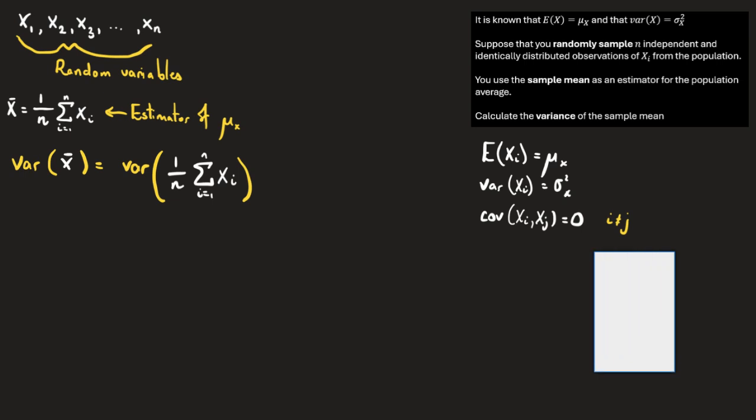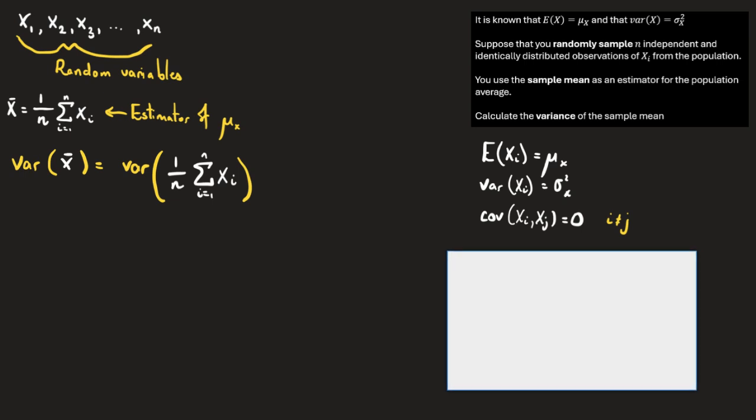Now we already know some rules about what happens when we take the variance of some combination of random variables. We know, for instance, that the variance of any constant a times a random variable is equal to a squared times the variance of the original random variable.